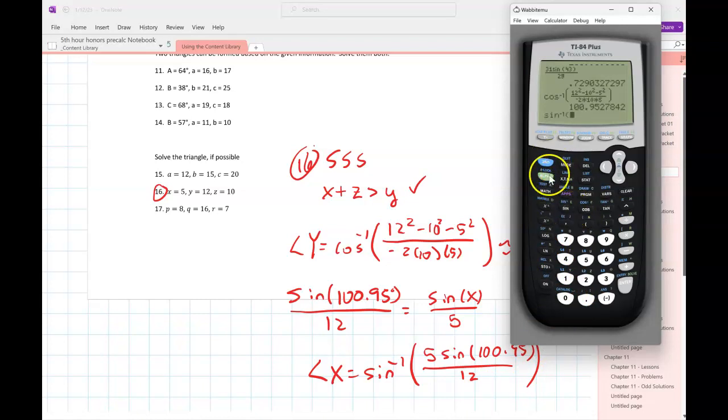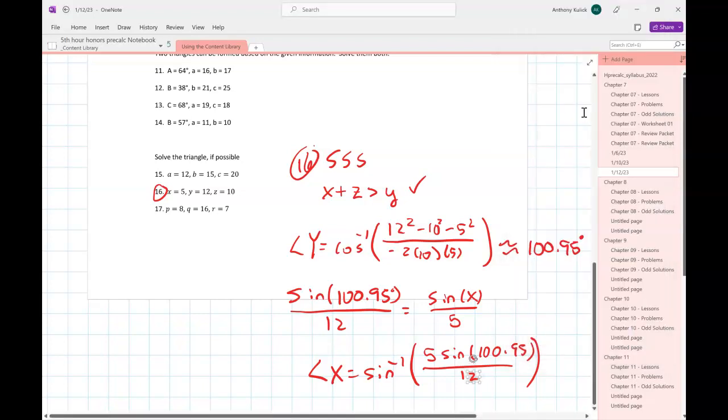So sine inverse, alpha y equals option 1, 5 times sine. And I'm going to use the ans command so I get all the decimal places without having to type them all in. Again, probably fine to use your rounded answer, but I like accuracy. So I get 24.15 for that one.